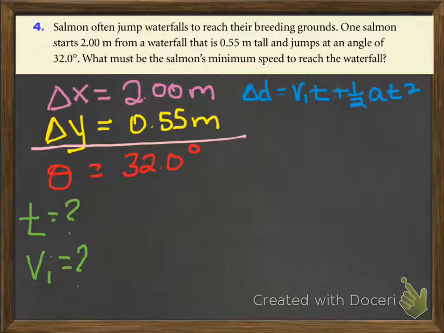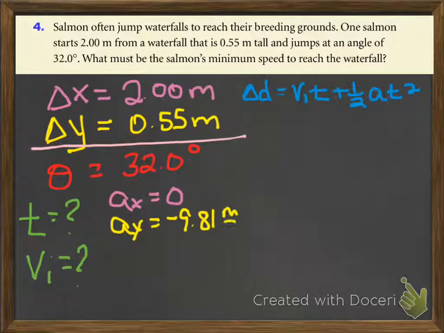Remember that the acceleration in the x direction is 0. And we have the acceleration in the y direction is negative 9.81 meters per second squared.